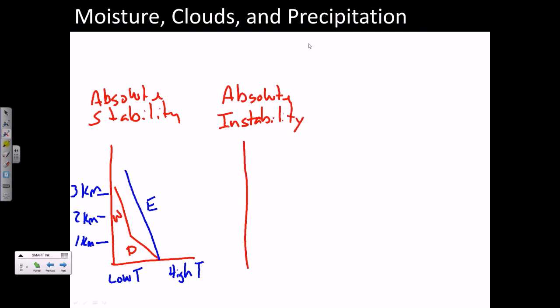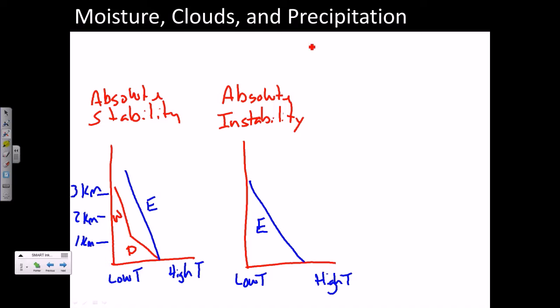And if we want absolute instability, what is this diagram going to look like? So then we've got low T, high T, and we've got our environmental rate decreasing with elevation like this. So there's E for our environmental rate.